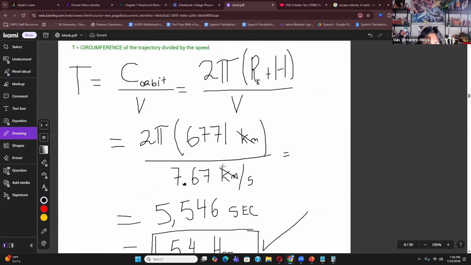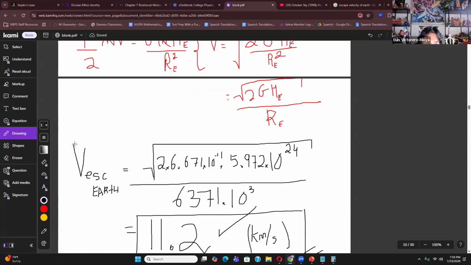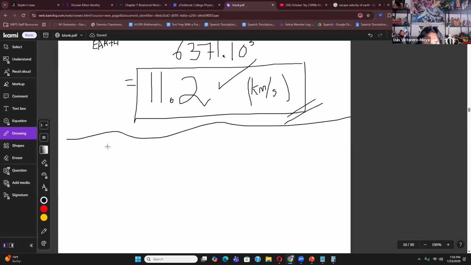And by the way, guys, as an assignment, or maybe you already know, what's the escape velocity for the event horizon of a black hole? If you are on the event horizon, on the edge of a black hole, what's the escape velocity? Don't Google it. Think.